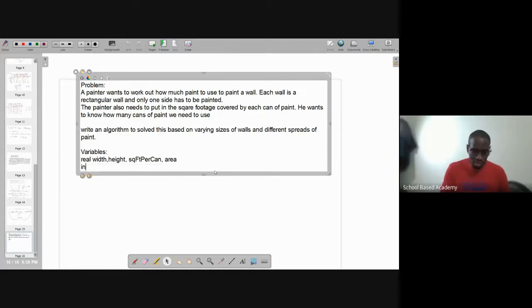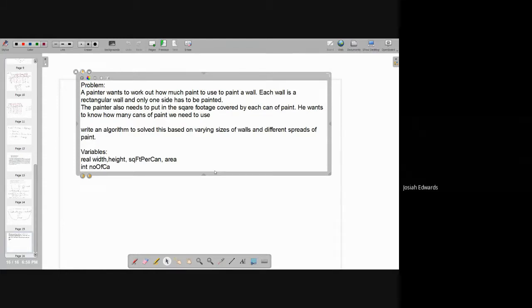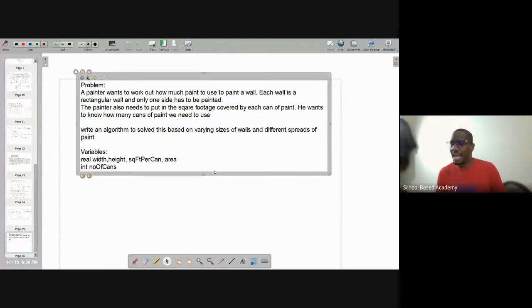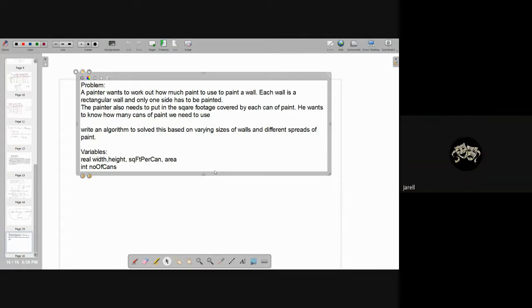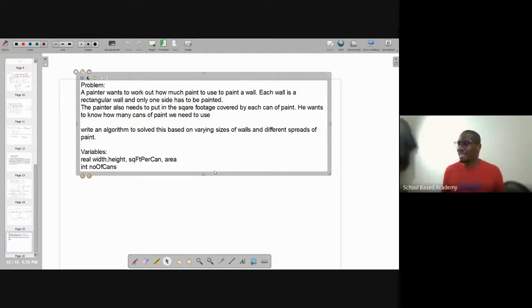It should be an integer, right? Because it's better for it to be an integer, because we cannot buy half a can of paint. Let's just assume that this paint only comes in this one can size.